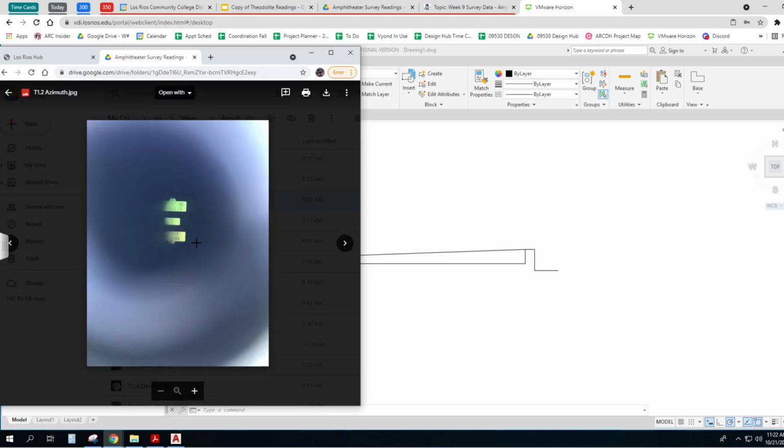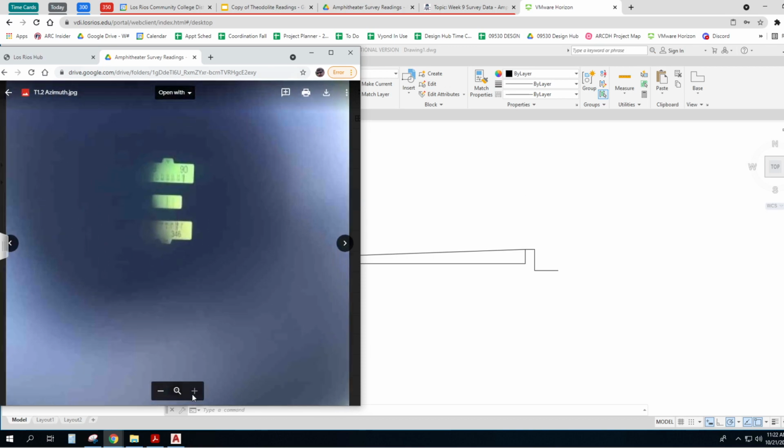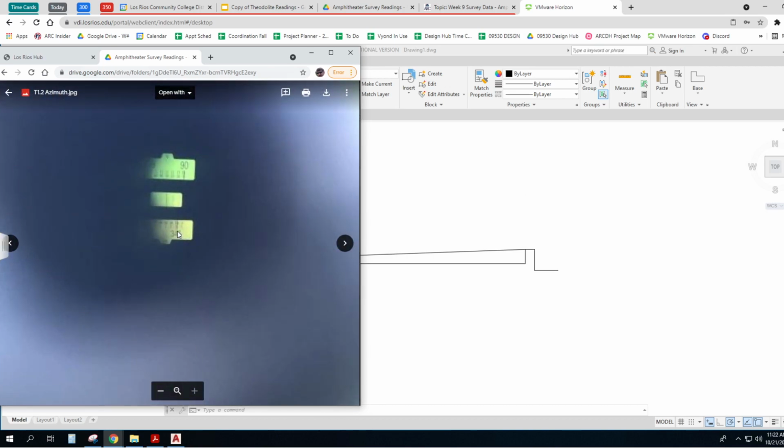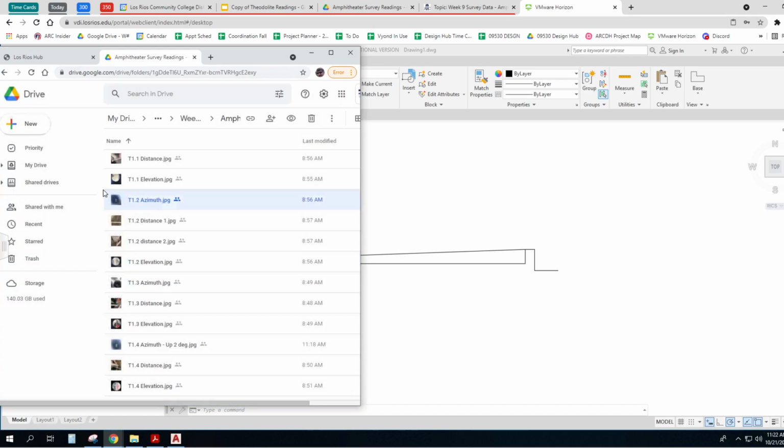E1.2, azimuth 346. I think that's on a 10, and I can't read that one, so I'll call it 346.10.